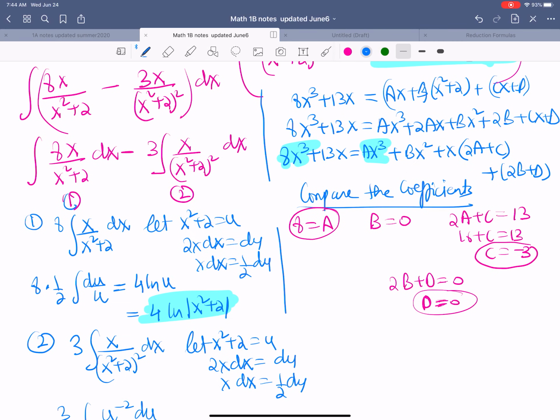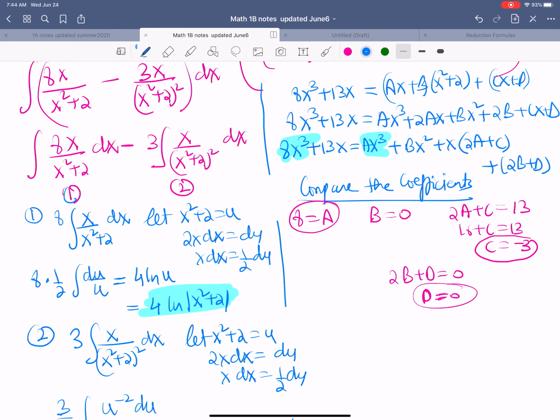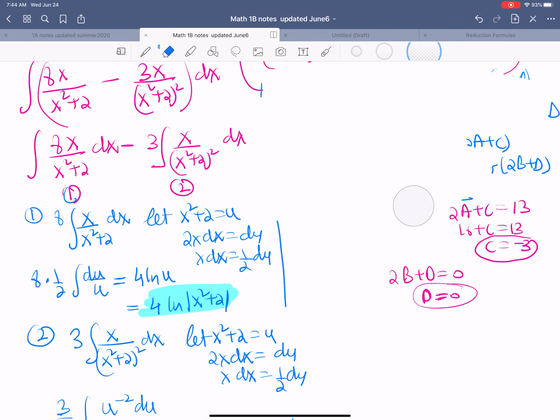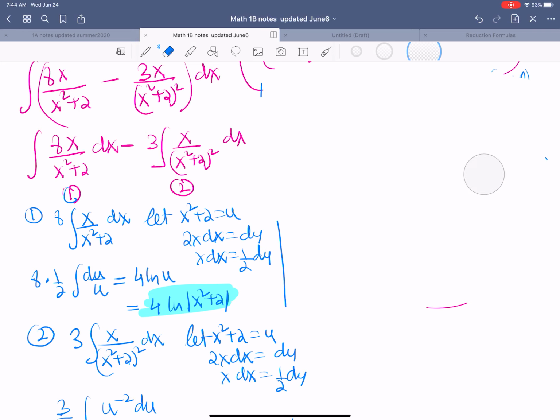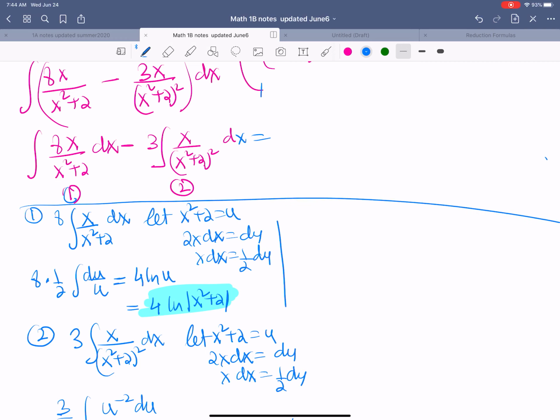All right, now let's go back to our integral that we wanted to evaluate. I'll clean up a little here and plug these back where they belong. The first integral, we just found, is equal to 4 natural log of x squared plus 2.